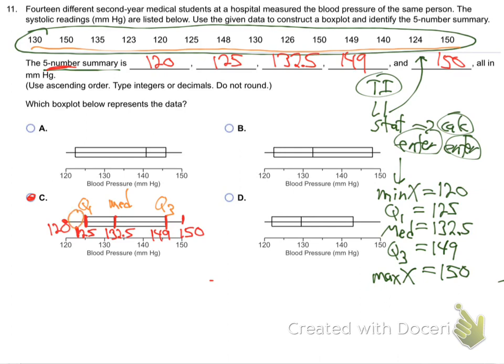This is the first quarter, the lowest 1/4 of all the values. It ends at Q1. This is the second quarter of the football game. It ends at the median, the middle, halftime. This is the third quarter of all the data values. And this is the fourth quarter, the highest 1/4 of all the data values.